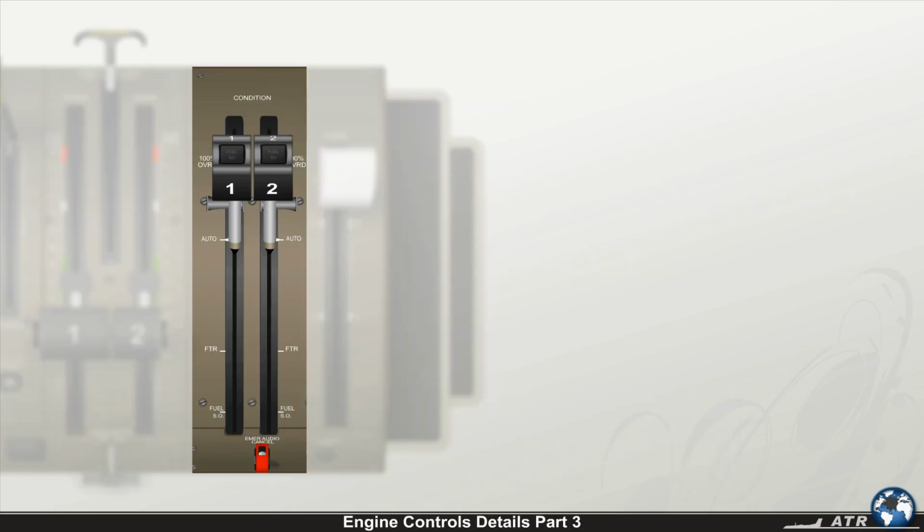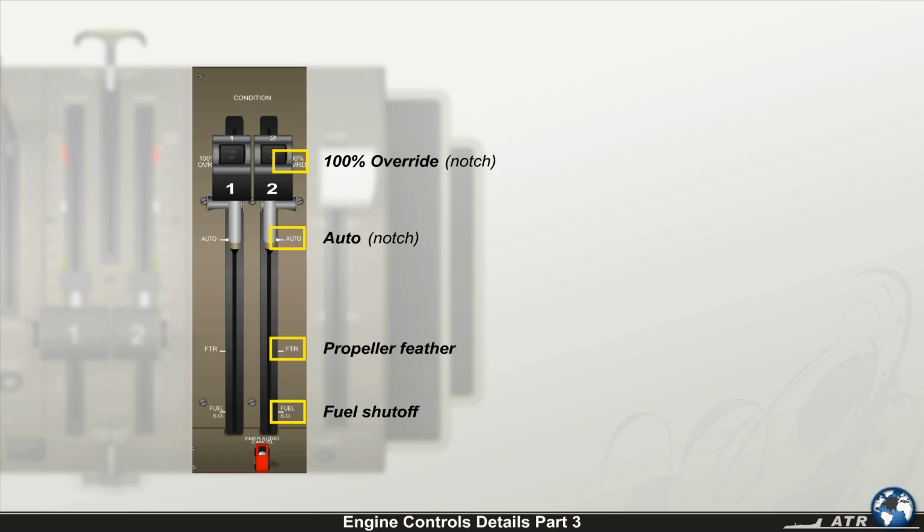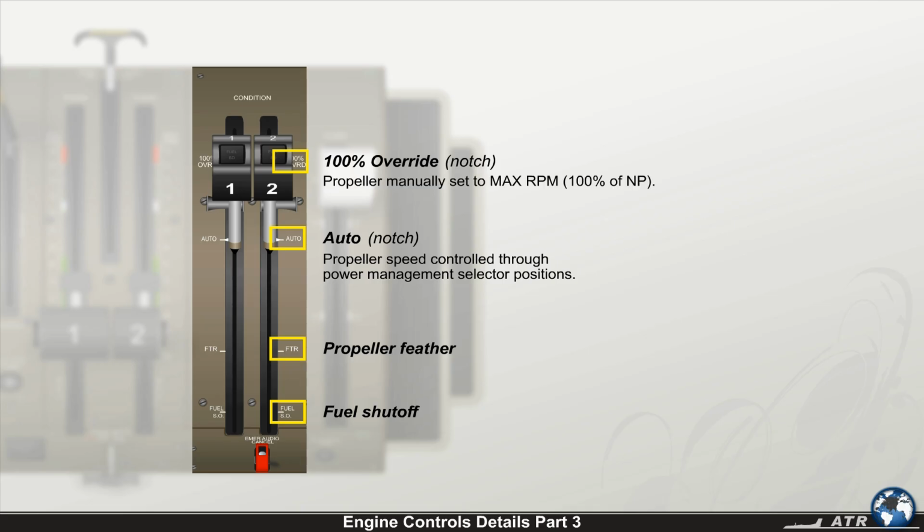Each condition lever has 4 distinct settings: fuel shutoff, propeller feather, auto, and 100% override. The positions auto and 100% override are noticed by a notch. In the auto position, the propeller speed is controlled through the power management selector positions, and in the 100% override position, the propeller is manually set to max RPM, 100% of NP.